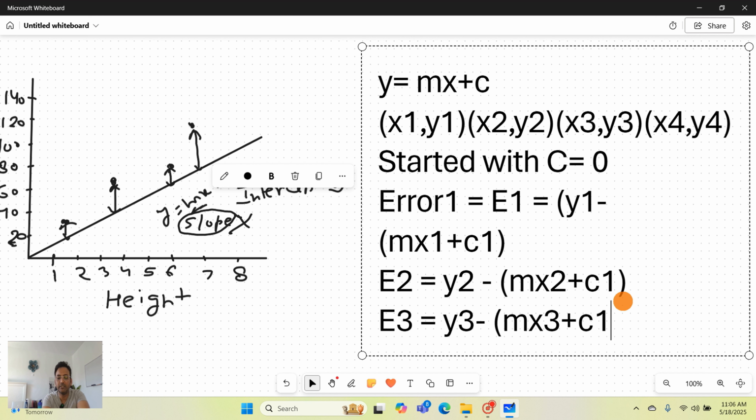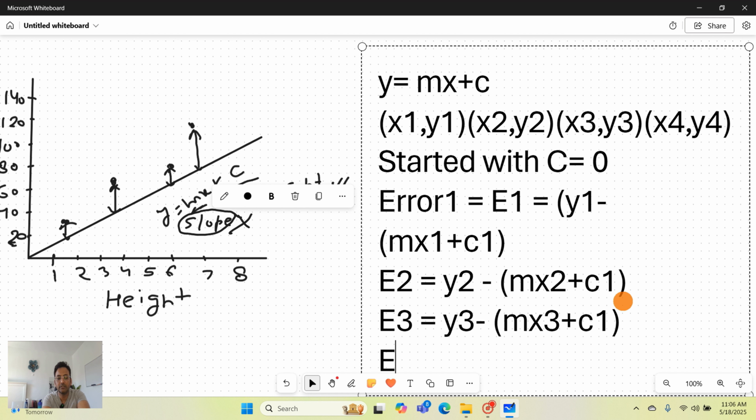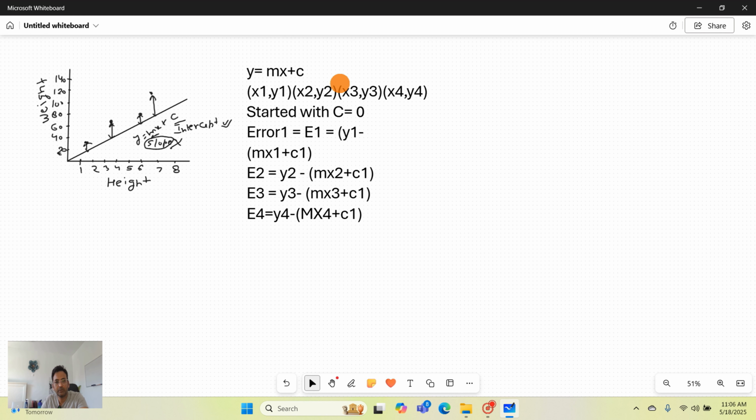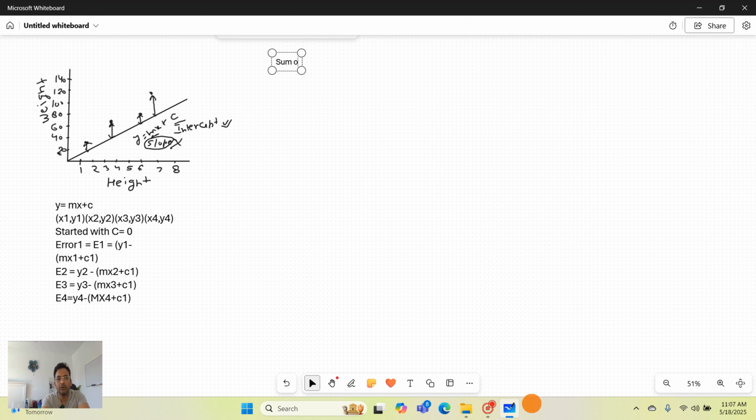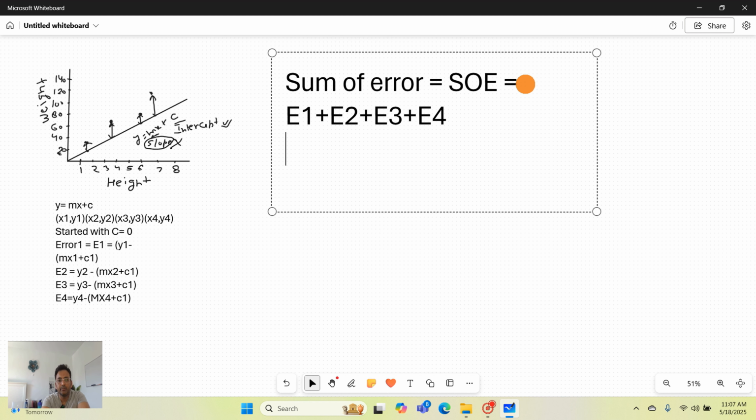Let me move these errors here. Our sum of error, let's call it SOE, will be E1 + E2 + E3 + E4. This is our sum of error, and our goal is to minimize the sum of error.